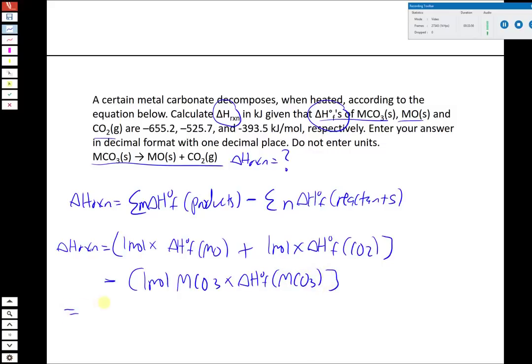Alright, so putting in the numbers then, what we have is 1 mole, delta H of formation for MO is the second number here, which is minus 525.7. One mole of CO2, its delta H of formation is minus 393.5.